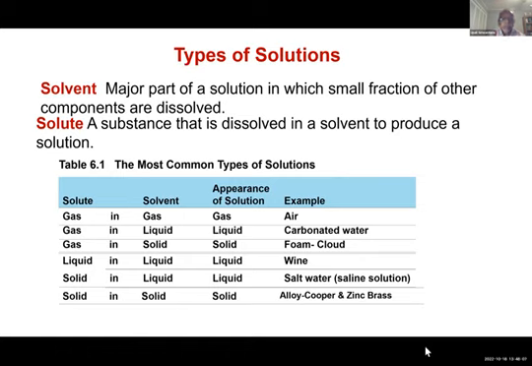In a solid homogeneous mixture, examples are metallic mixtures like alloys. An alloy is a mixture of metals; copper and zinc together form an alloy called brass. Brass is a very common solid homogeneous mixture.